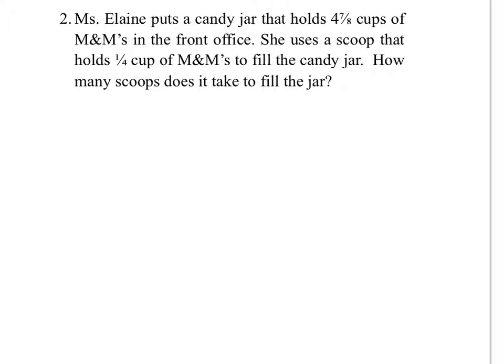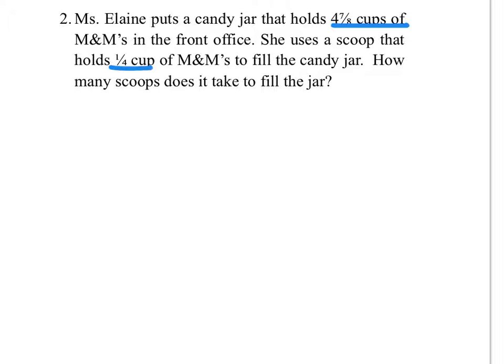So in this one, this is our first example of fraction division. We have M&Ms, a whole bunch of them. We're going to scoop them out into 1/4 cups. So our portion is 1/4 of a cup. Another way to think of this problem is, if you had 4 7/8 pizzas, how many 1/4 portions could you get from it?